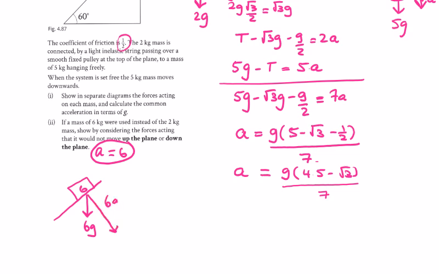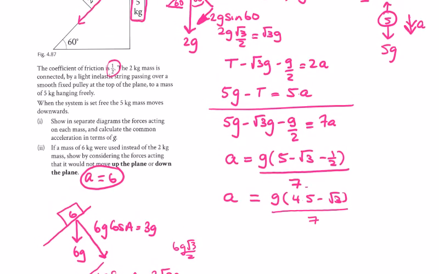We're going to have 6G cos A, which was a half, so that's 3G. Parallel to the plane, 6G sine A, which was root 3 over 2. So it's going to be 3 root 3G, just 6G by root 3 over 2.